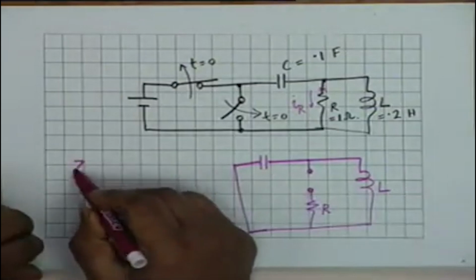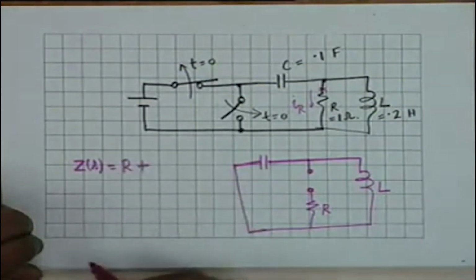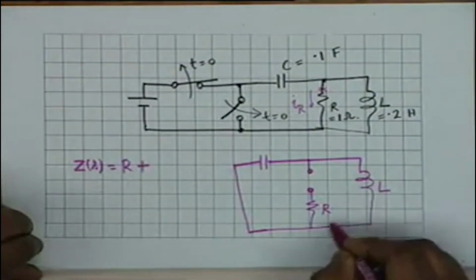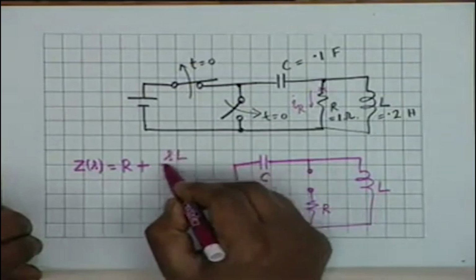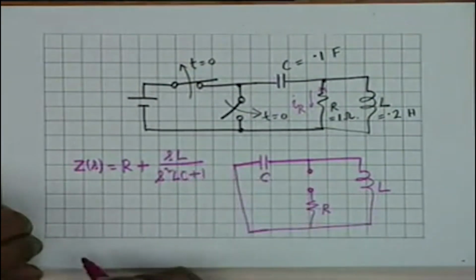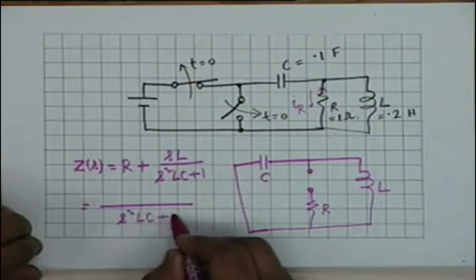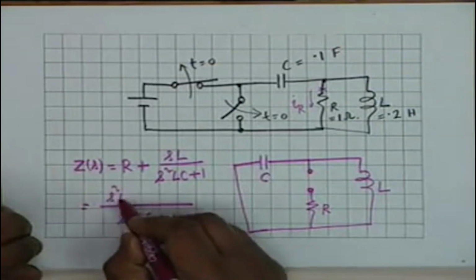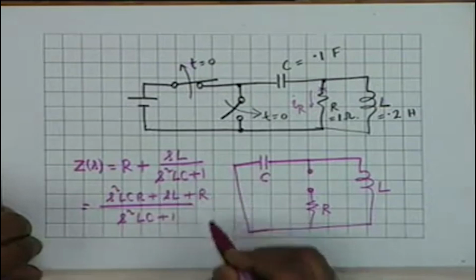The impedance obviously is equal to R plus the parallel combination of L and C, that is SL divided by S squared LC plus 1, which I can write as R times (S squared LCR plus SL plus R) over (S squared LC plus 1).